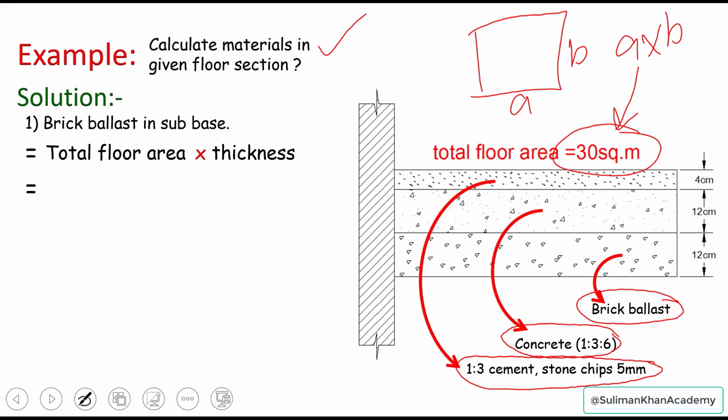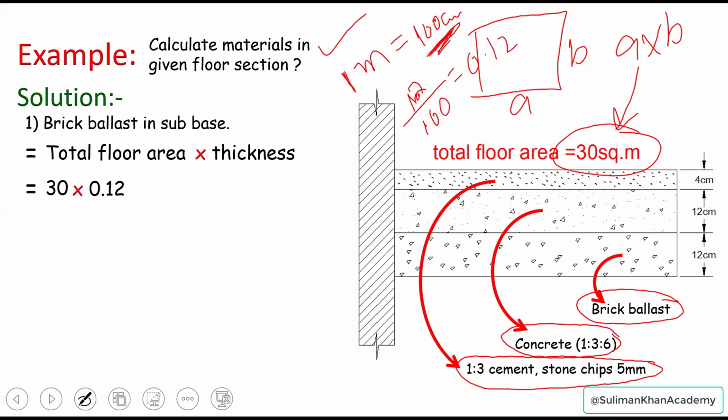As you can see, we have the total floor area, which is just 30 square meter, and we will multiply that with the thickness, which is 12 centimeter, or 0.12 meters. Because 1 meter is the same thing as 100 centimeters, in order to convert centimeters into meters, you have to divide by 100. So 12 centimeters means 12 by 100, which is 0.12.